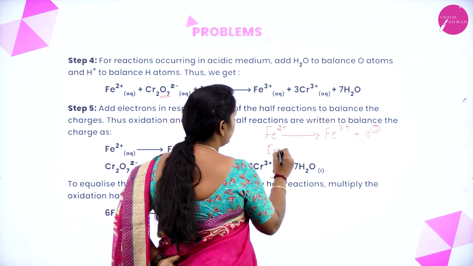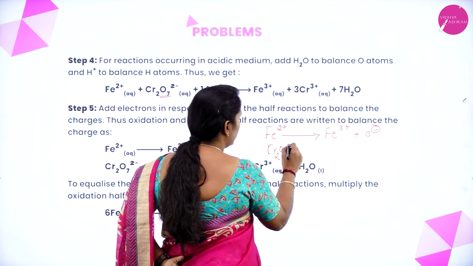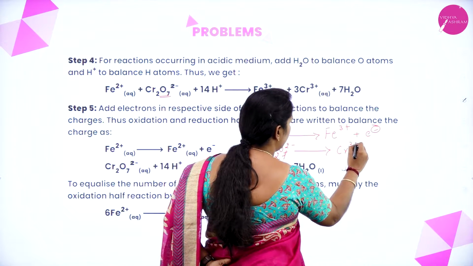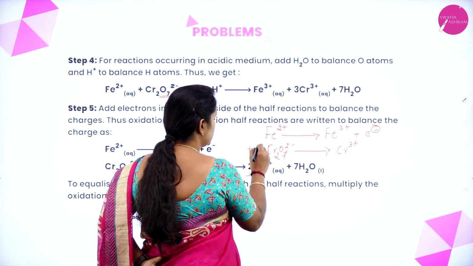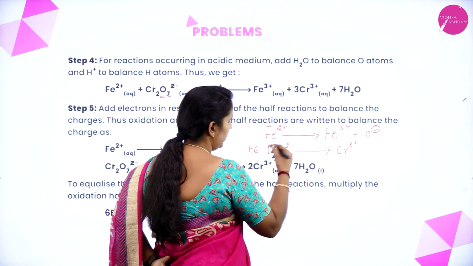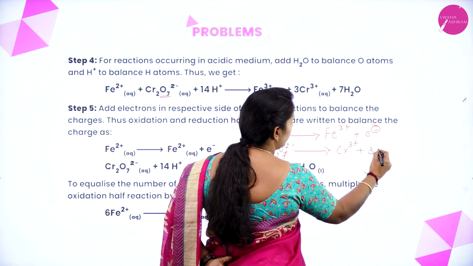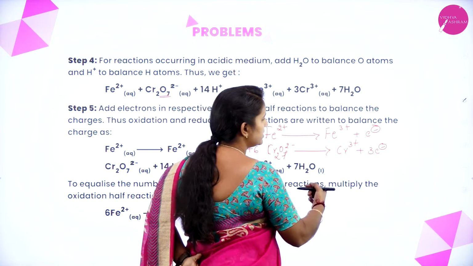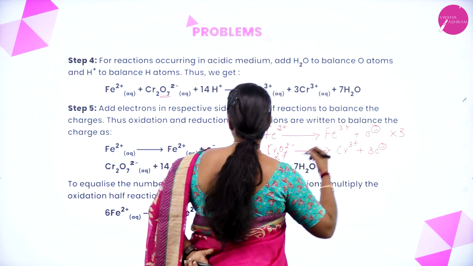Whereas Cr2O7 2- gets reduced to Cr3+. This is the +6 oxidation state getting reduced to the +3 oxidation state, so 3 electrons are involved. There is 1 electron and there are 3 electrons. We need to balance it now, so I will multiply it by 3.